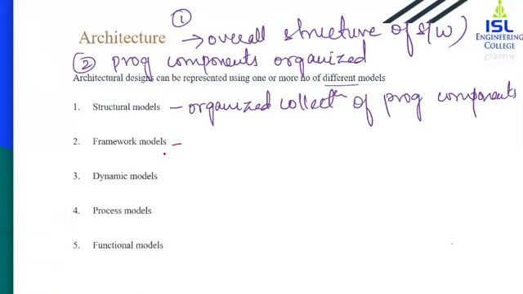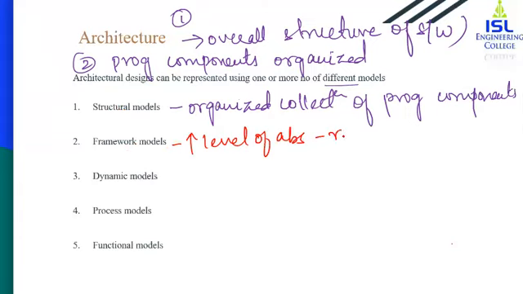The next one is framework models. Now, what are framework models? What is a framework? A framework gives you the entire skeleton of a particular thing, how it is going to look. Framework models increase the level of abstraction. How is it going to increase this level of abstraction?